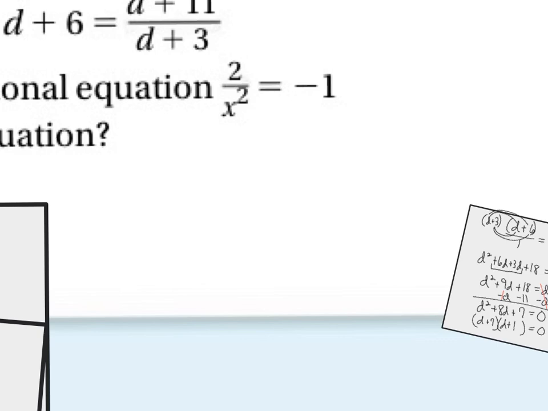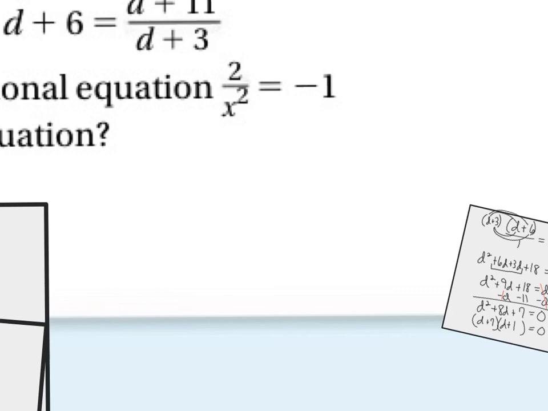So the reason here is, if you look at this, we've got 2 over x squared. 2 obviously is a positive number, and x squared, if you square something, regardless of whether x is positive or negative, if you multiply it by itself, then it's going to end up being a positive number. Positive times positive is positive. Negative times negative also is positive. So a positive number divided by a positive number, no matter what, can't be equal to a negative number. So that's the reason why this equation would have no solution.